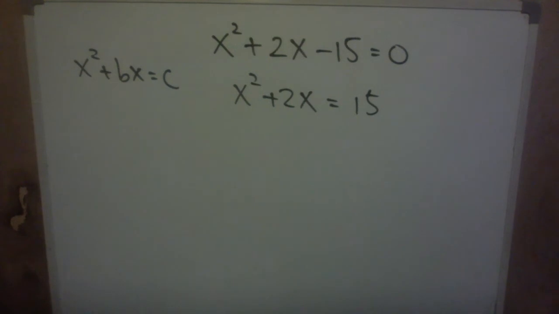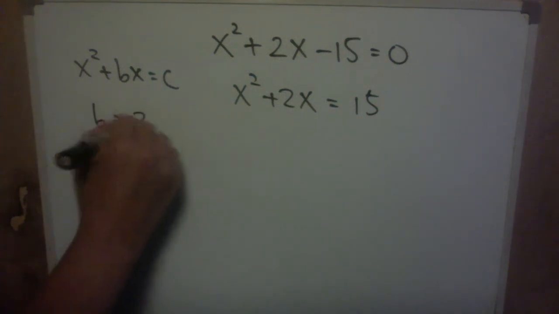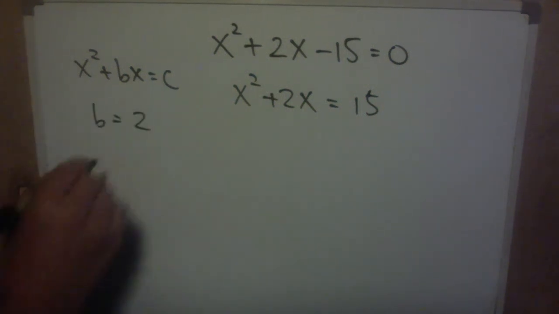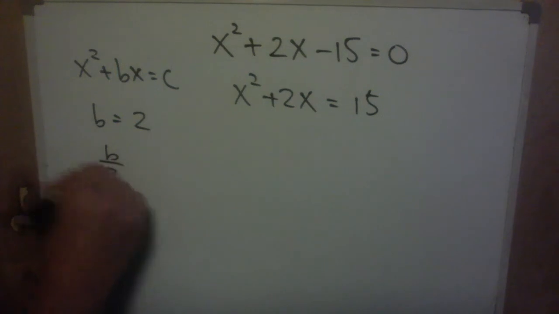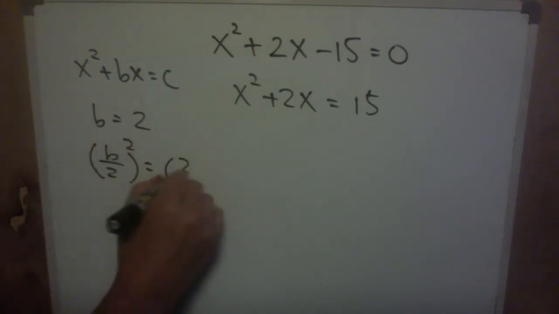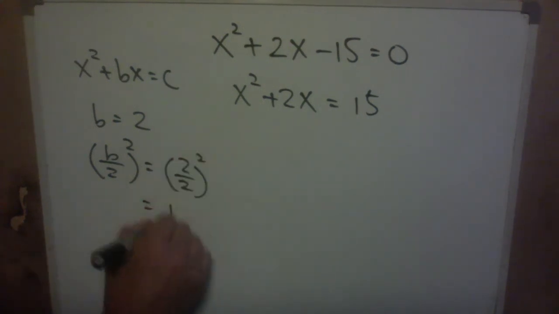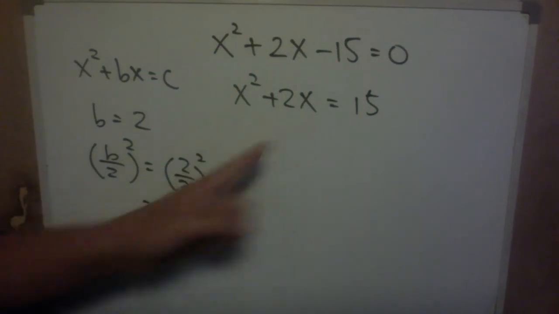So now let's add b over 2 squared to both sides. Here we have b equals 2. So b over 2 squared is 2 over 2 squared, which is just 1 squared, so it's just 1. We're going to add 1 to both sides.